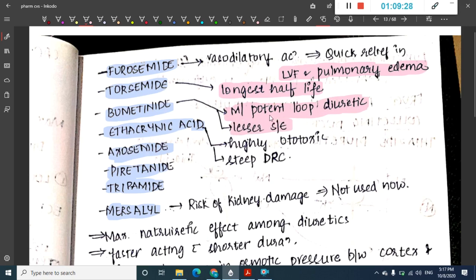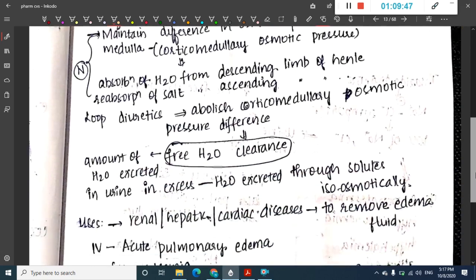Then we have ethacrynic acid. Ethacrynic acid has the side effect of the highest ototoxicity, and it has a steep dose response curve. So these are the important points of the specific loop diuretics.